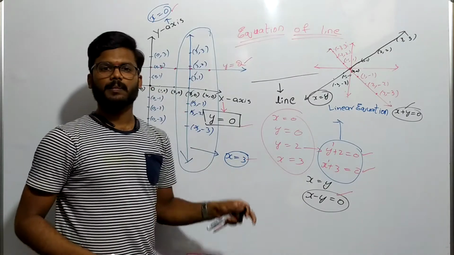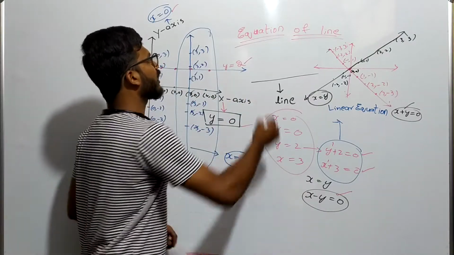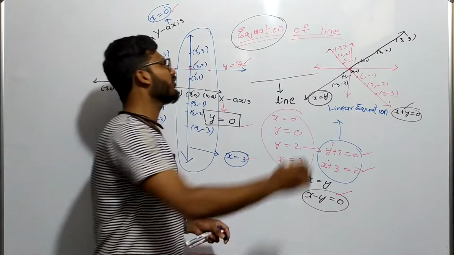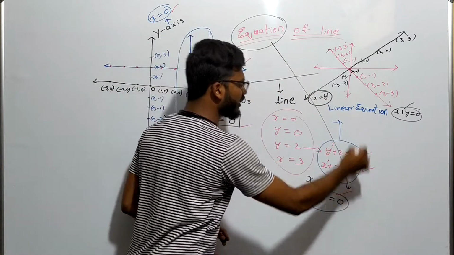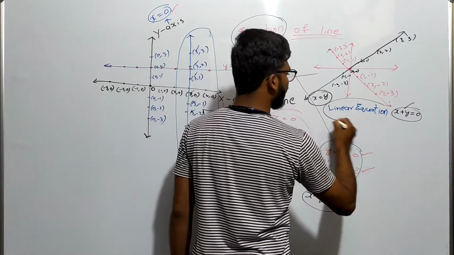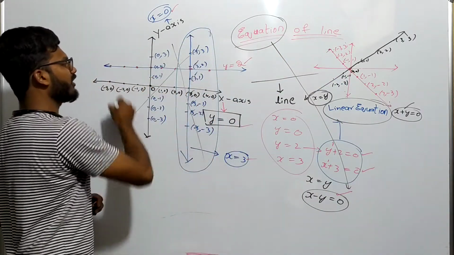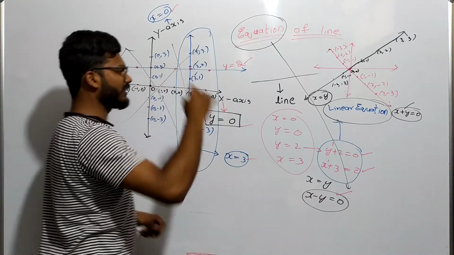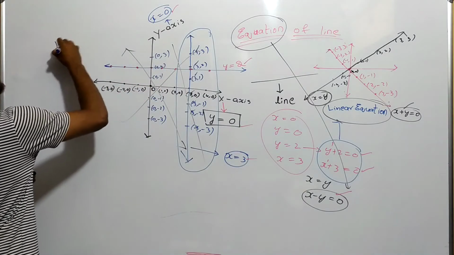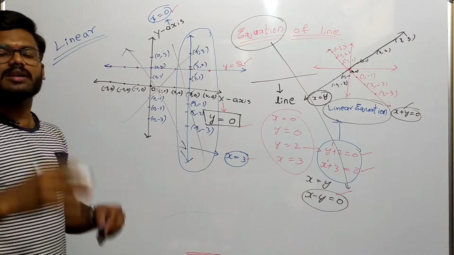So the name or the identification we give to each and every line is called the equation of that particular line, and in mathematics the equation of every straight line must be a linear equation. Whatever line you take on a graph, however it is, you will get the equation as a linear equation, and in the name itself we have what it is: linear, which means it forms a line.